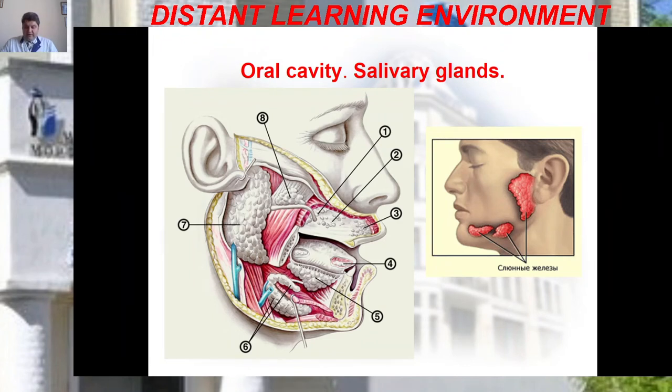The sublingual gland, you may see it in number 5, is mucous type and alveolar tubular in structure. It's situated over mylohyoid muscle on the floor of the oral cavity and covered only by the mucous membrane, forms the sublingual fold. You may see this fold here.